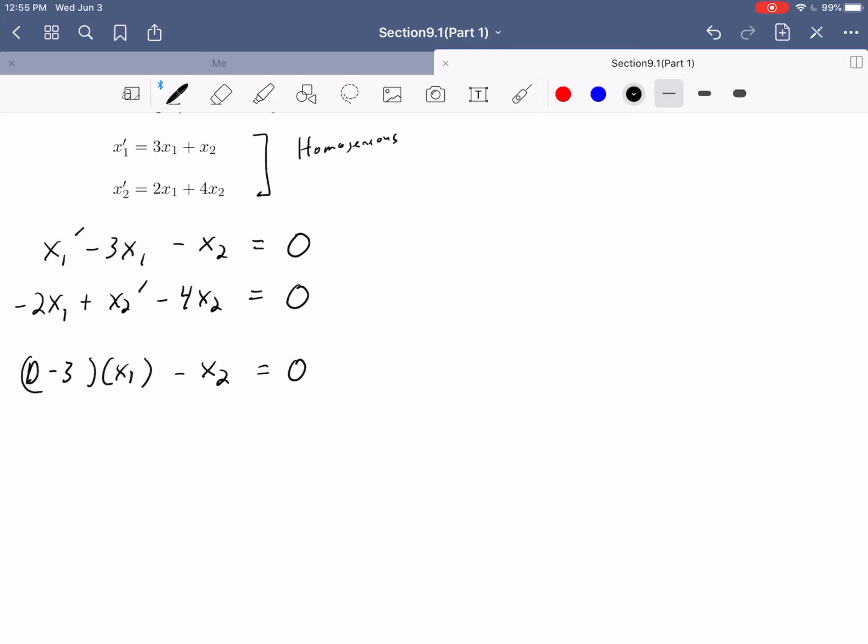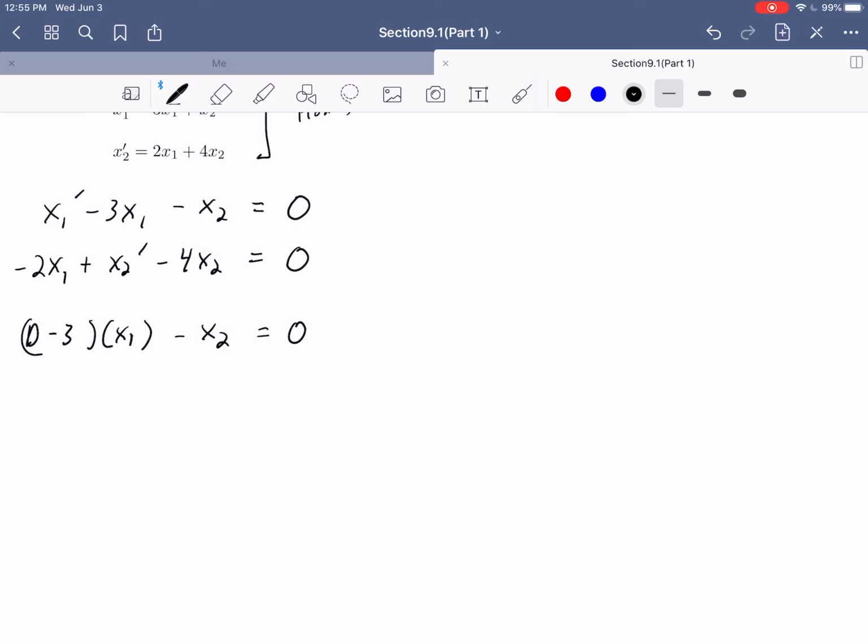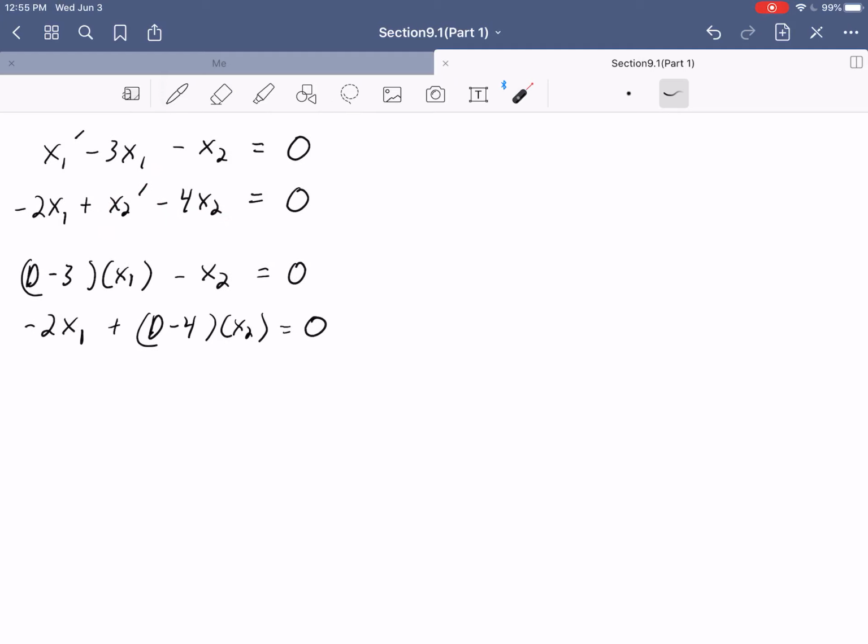Now remember that the differential operator here, D, would be the derivative with respect to our new independent variable, t. Down here, we can do the same sort of thing. We can view this as minus 2x1 plus D minus 4 applied to x2. And that's equal to 0. And again, D minus 4 of x2 would be the derivative of x2 minus 4x2. All right, now, what can we do with this?